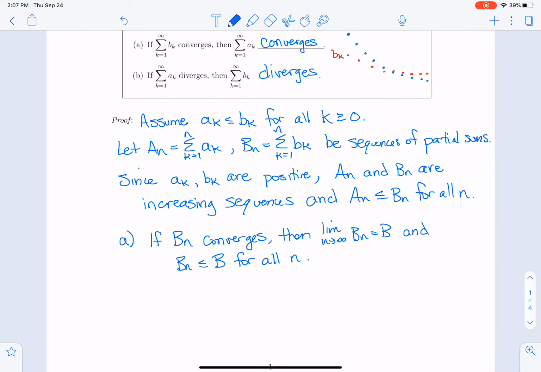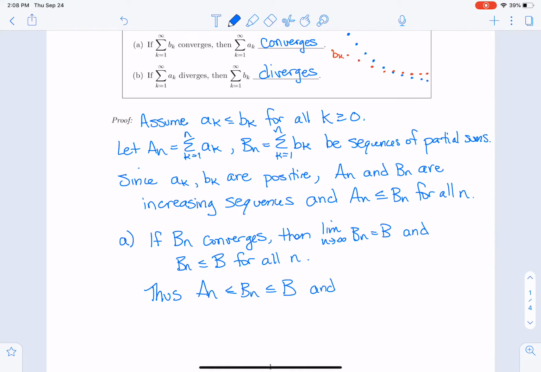Okay, so not only does this sequence of partial sums converge, but it converges to a number that is larger than all of the partial sums. Then we can say that A sub n, the sequence of partial sums for the a sub k series, is less than or equal to B sub n, but that's also less than or equal to B.